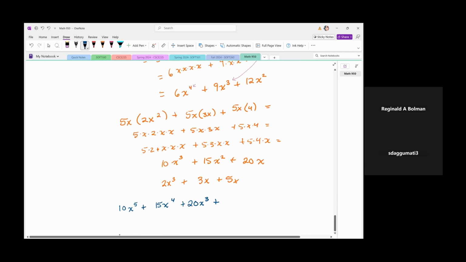We'd be adding that with 6x to the fourth plus 9x cubed plus 12x squared. We're going to be adding that with 10x to the third plus 15x squared plus 20x, which would be added with 2x cubed plus 3x plus 5.